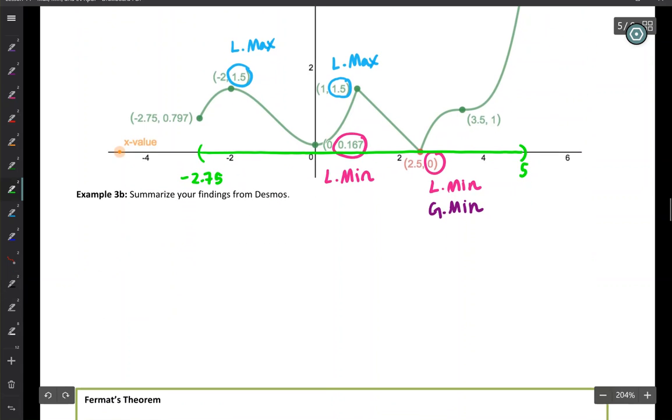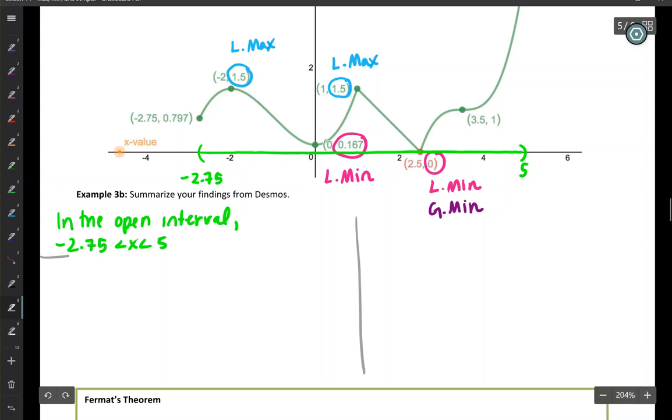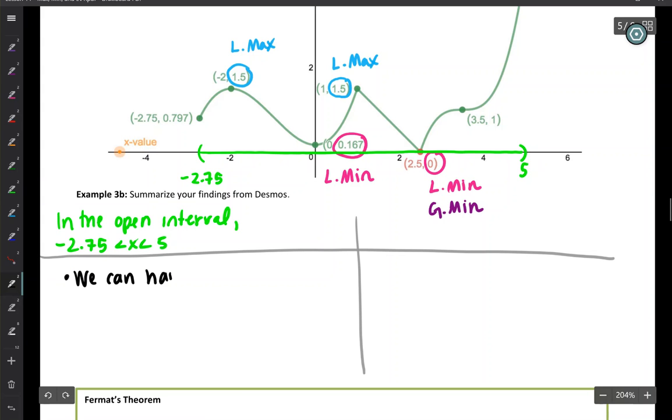So in the open interval, what do we mean by that? Minus 2.75 is less than x, which is less than 5. What observations do we have? We can have local or global extrema.